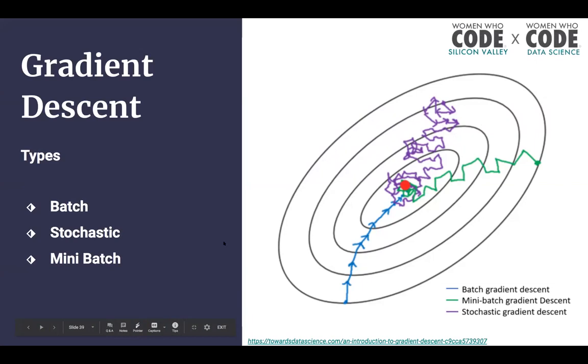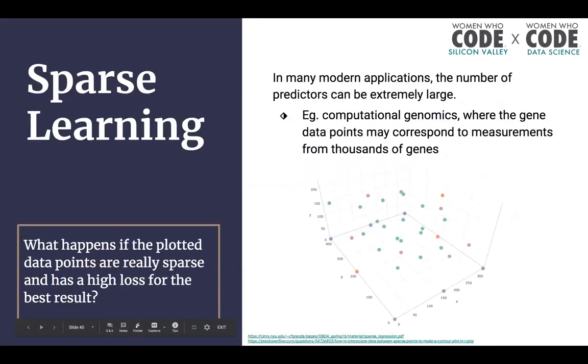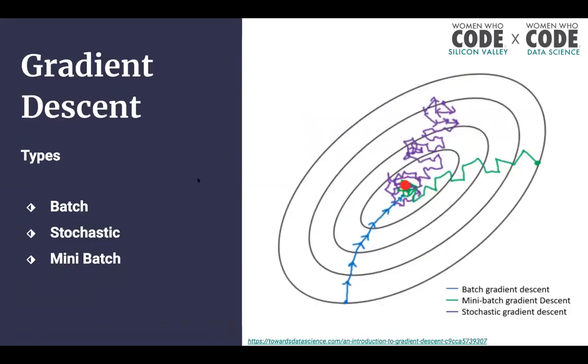So I'm just going to answer some quick questions before moving on to the last section, which is sparse learning. The question is, which gradient descent method do you recommend for beginners to use, or does it depend on the data set? It does depend on the data set, and on a lot of other features.